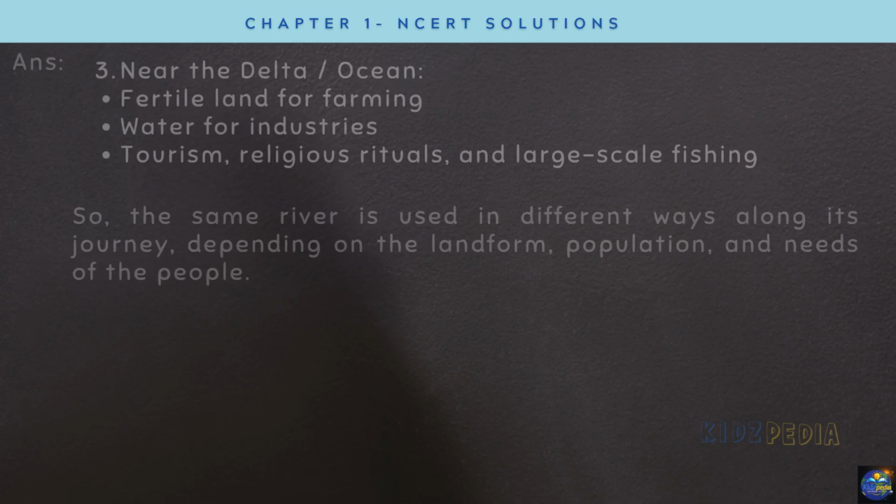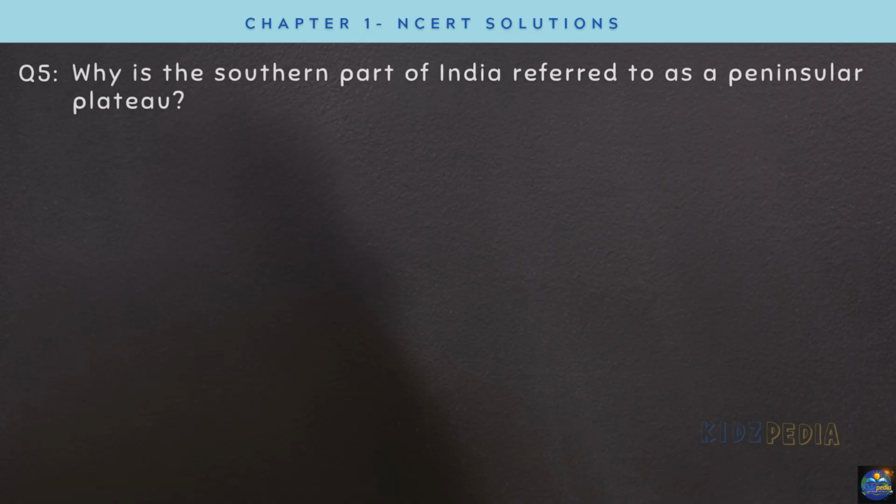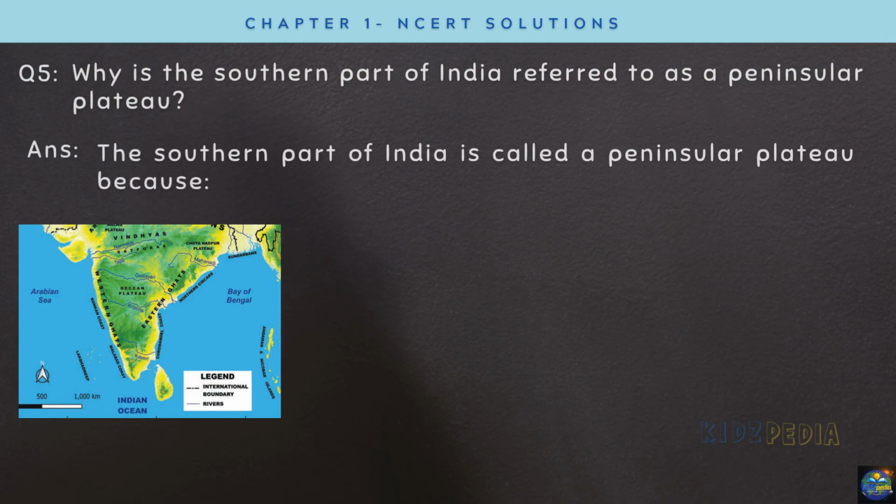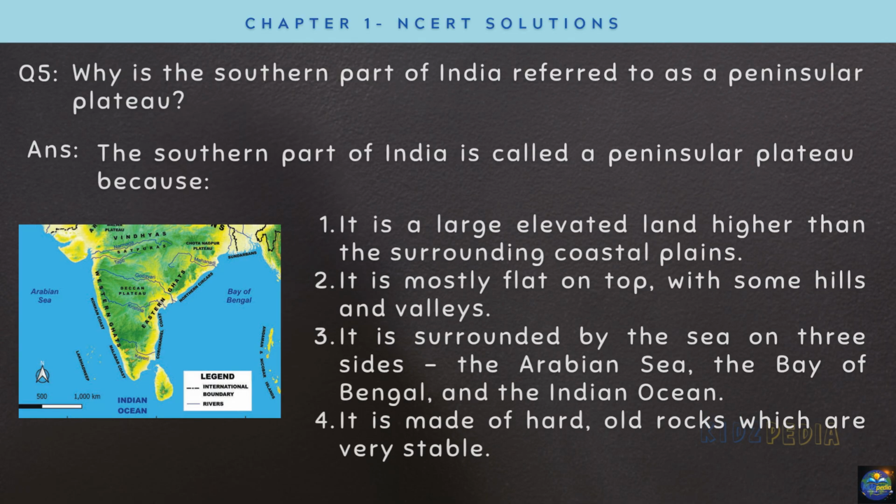Next question. Why is the southern part of India referred to as a peninsula or plateau? Peninsula means a piece of land surrounded by water on three sides, and a plateau means a high flat land. So the question wants you to explain why this area is called a peninsula or plateau. The southern part of India is called the Peninsular Plateau because it is a large elevated land higher than the surrounding coastal plains.